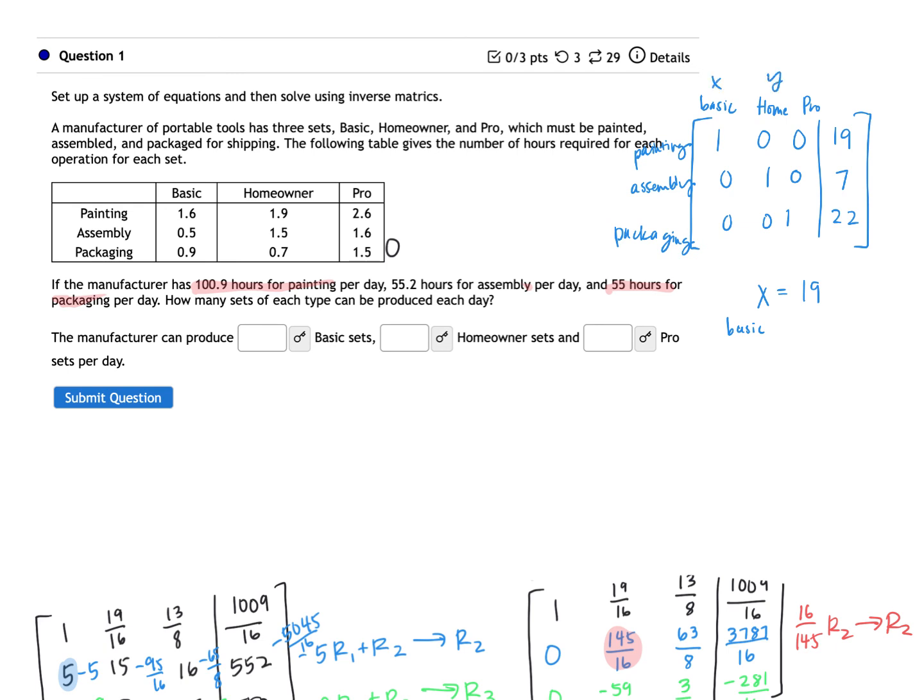Y stands for homeowners, so homeowners is 7. And then in the third column, the pro column is represented by Z, and we found that Z is equal to 22. So for the pro, it's 22. So the manufacturer can produce 19 basic sets, 7 homeowner sets, and 22 pro sets per day.